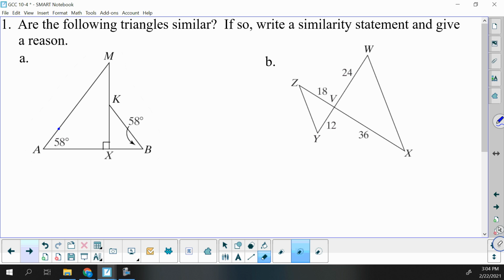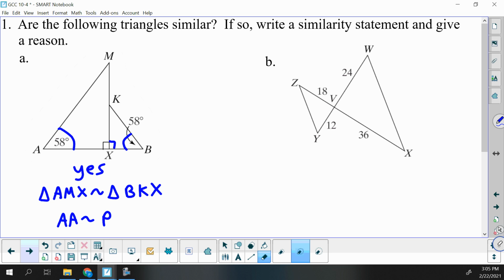We've got the 58, so that's one set of angles congruent. And if that one's a right angle, the other one is too. So are they similar? We would say yes. The similarity statement, we could say triangle AMX is similar to triangle. A was the 58, so that should match with B. M was the one we didn't have marked up, that should match with K, and then the X. And then our reason, we would say angle-angle similarity postulate.